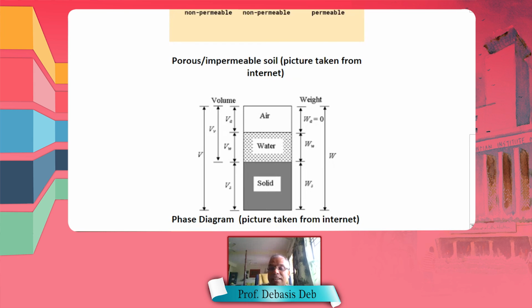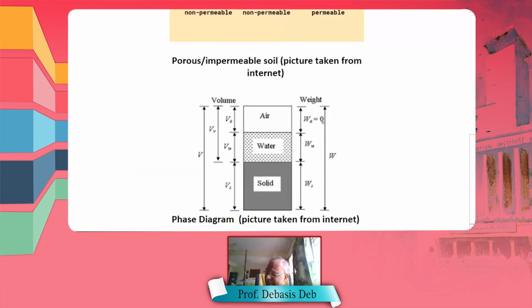Now, you can see the volume side and the weight side. On the volume side, there is solid volume, water volume, and air volume. But on the weight side, there is the weight of the solid, the weight of the water, but we basically presume 0 for the weight of the air as compared to solid and water.